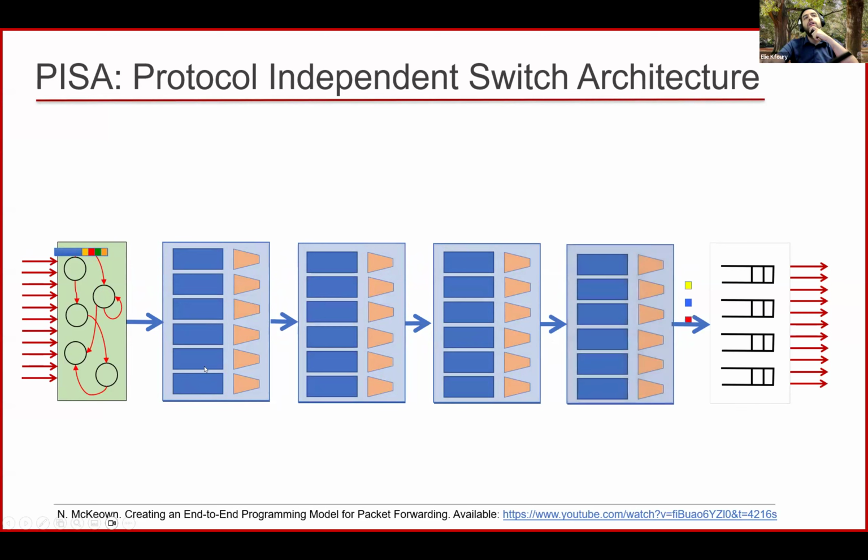And finally, you would have these headers ready to be transmitted to the wire, right? So here you have a deparser, and that's also programmable. You can say something like, for this packet, I don't want to emit, let's say, the TCP. I want to emit a custom header on top of IP. That's doable. That's up to you to define it. Okay?